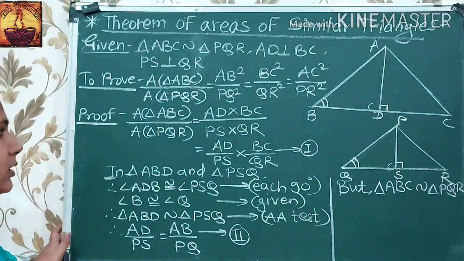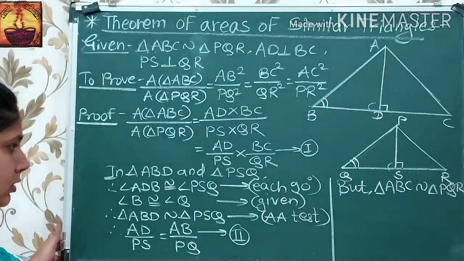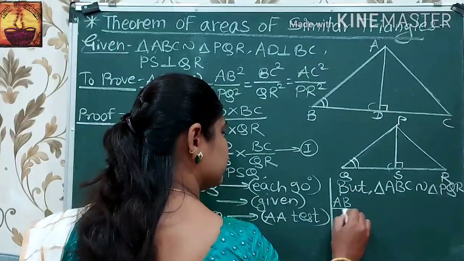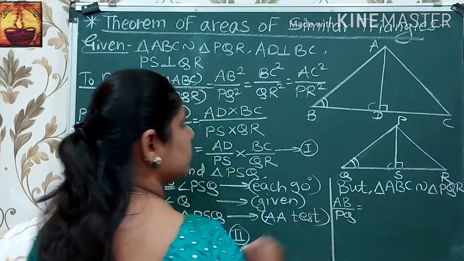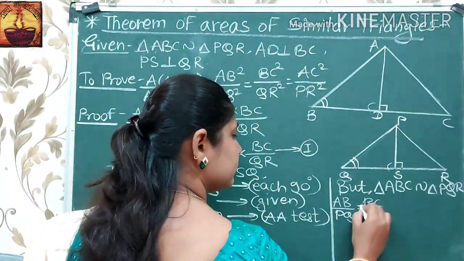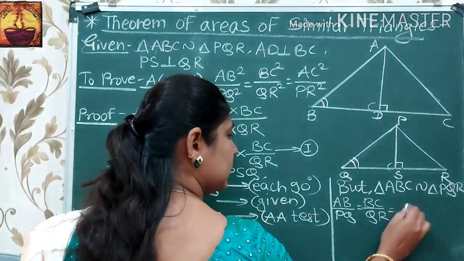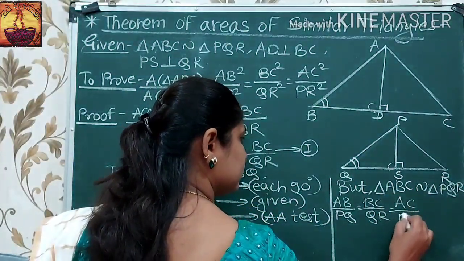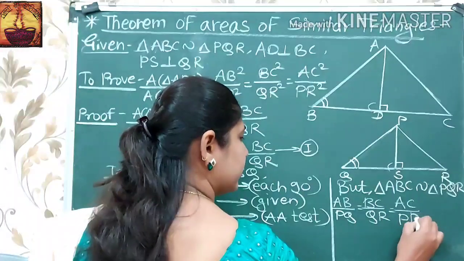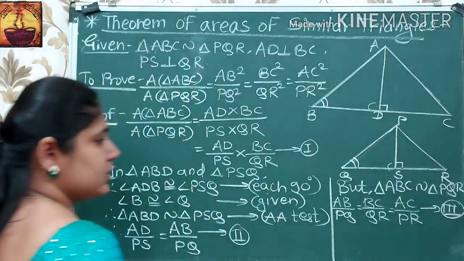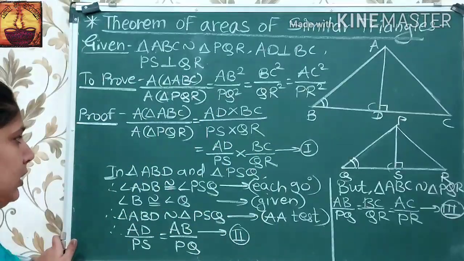Therefore, their corresponding sides are in proportion. Therefore, write AB upon PQ is equal to BC upon QR is equal to AC upon PR. Consider it as number 3.